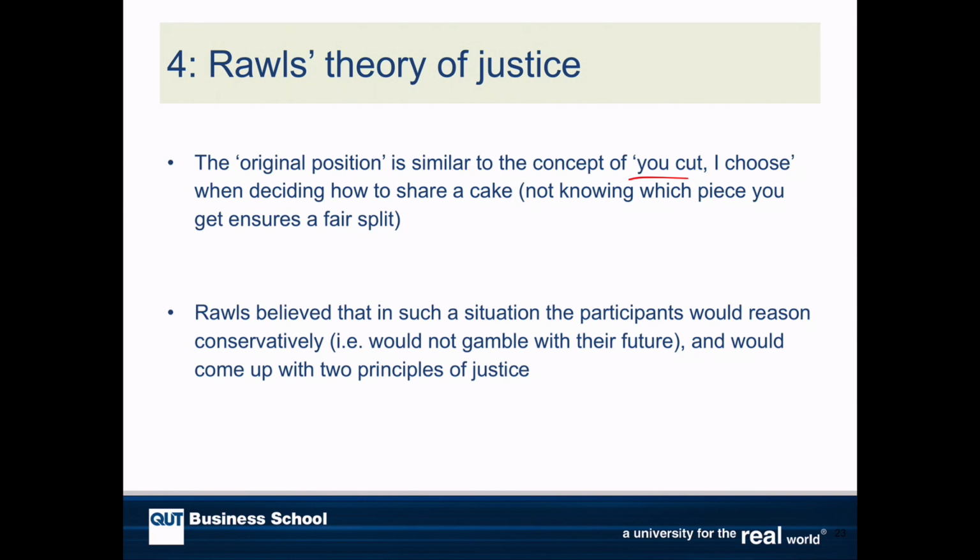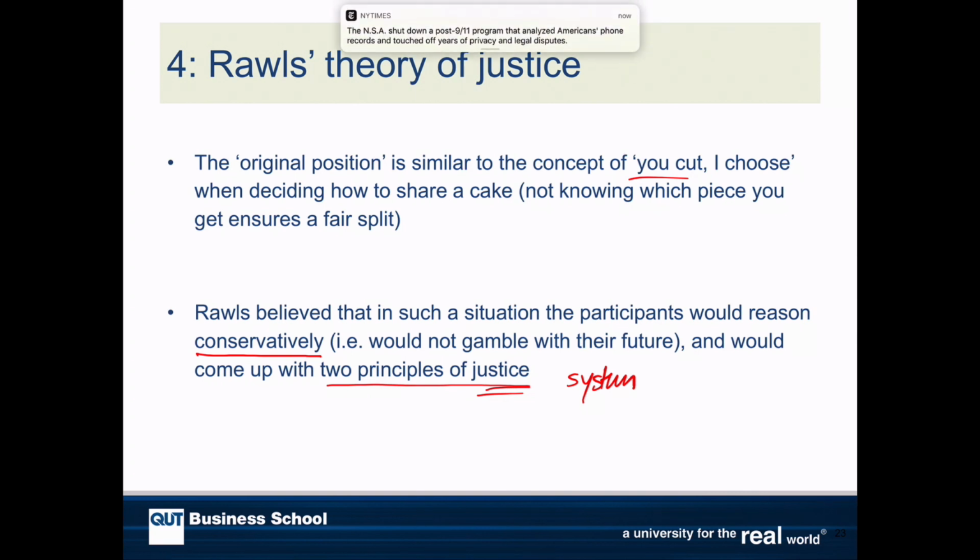Now, what Rawls believed was that under those negotiating conditions of the original position, people are going to act conservatively. They're not going to gamble with their future. And that will lead to two principles of justice, or two principles for the system of distribution, of distributive justice that we're interested in.